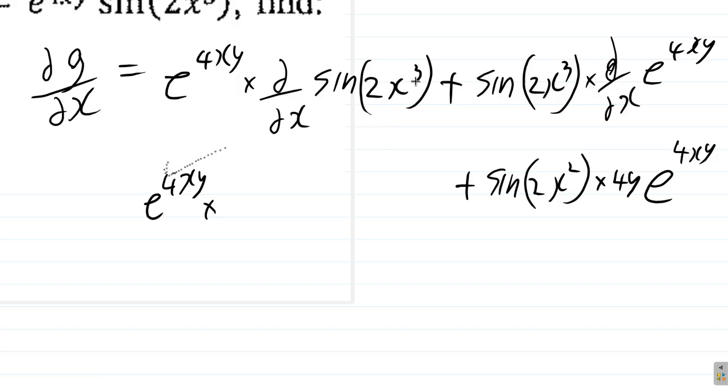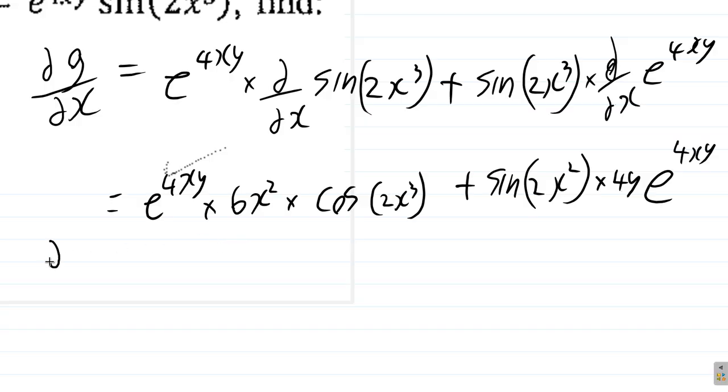So you differentiate the inside function, 2x cubed, with respect to x, and you get 6x squared, times the outside function: when you differentiate sine, you get cos of whatever it is, 2x cubed. As long as you've been practicing your chain rule for a long time, then you can just do it mentally, instead of having to write out the long method.